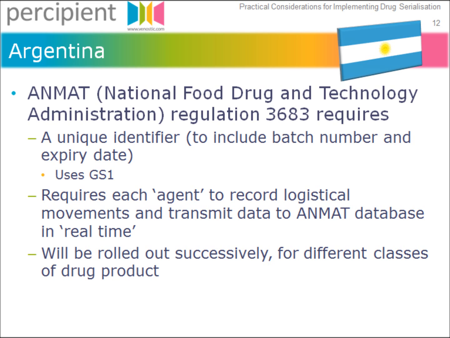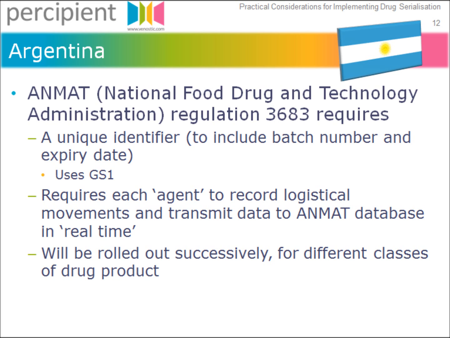We don't have a definition of what real time is, whether that's seconds, hours or days, but clearly they're not looking for people to aggregate and consolidate this data and submit it over a period of months. They're going to roll these requirements out successively. They're going to look at high-risk classes of drug products first, which is a common theme across a number of industries.